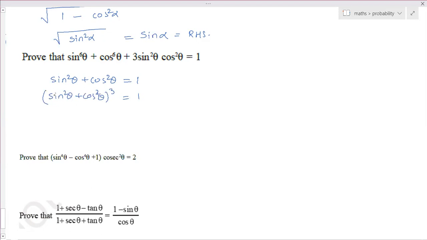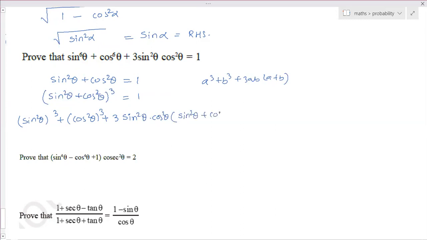Now write the cube of it. So a plus b whole cube is a cube plus b cube plus 3ab into bracket a plus b. Sine square theta whole cube plus cos square theta whole cube plus 3ab, which is 3 sine square theta into cos square theta, into a plus b, sine square theta plus cos square theta, that is equal to 1.